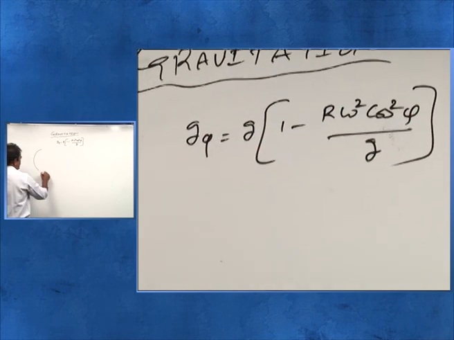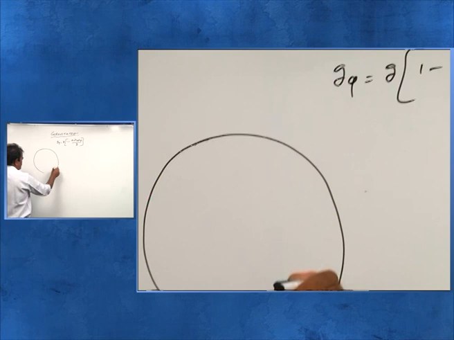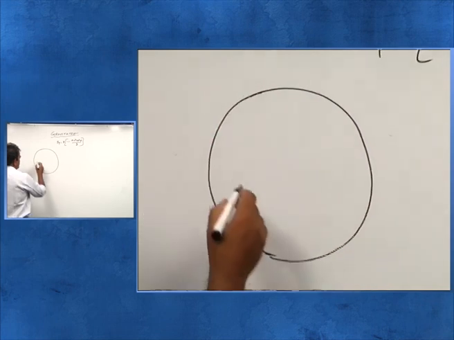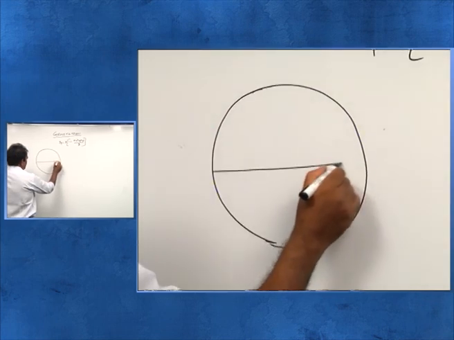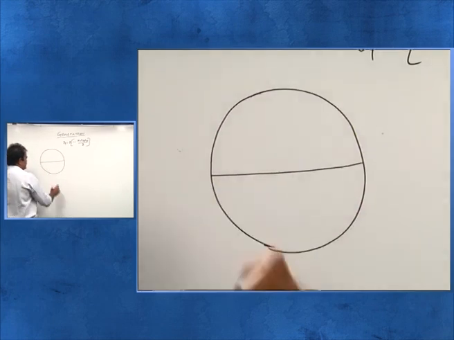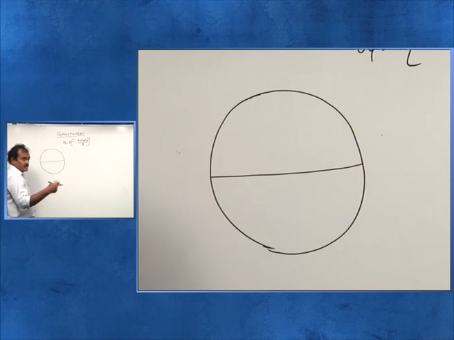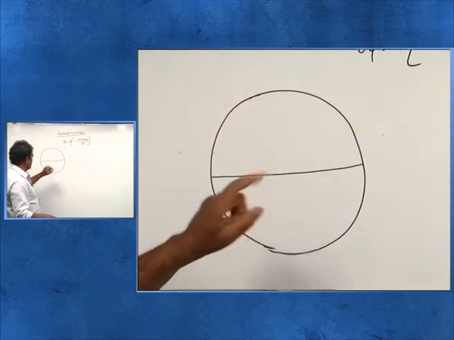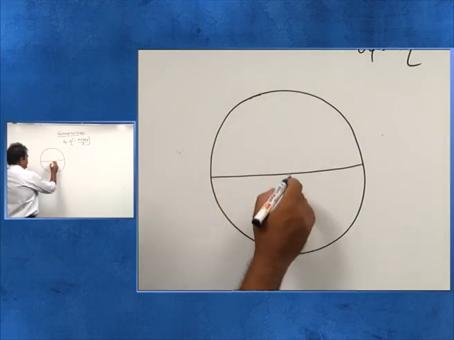So first of all, latitude. In this case, the biggest circle is nothing but the equator, where phi is equal to 0, the biggest diameter of the earth.